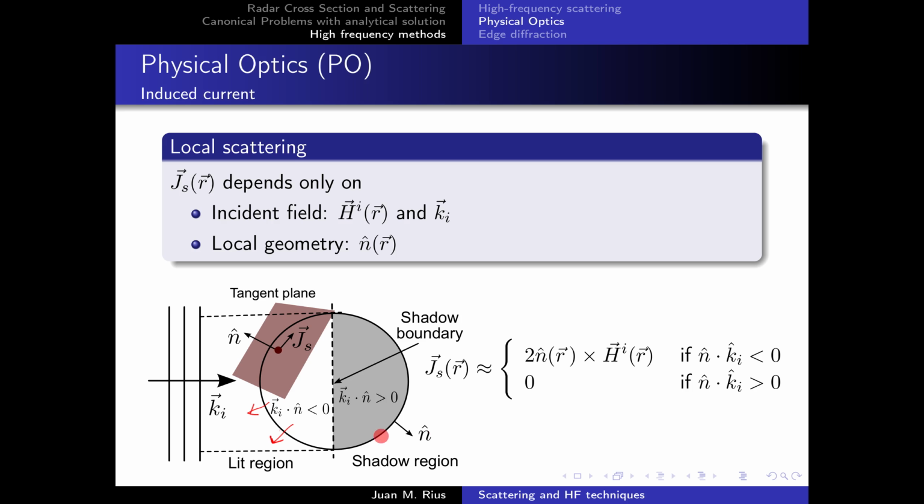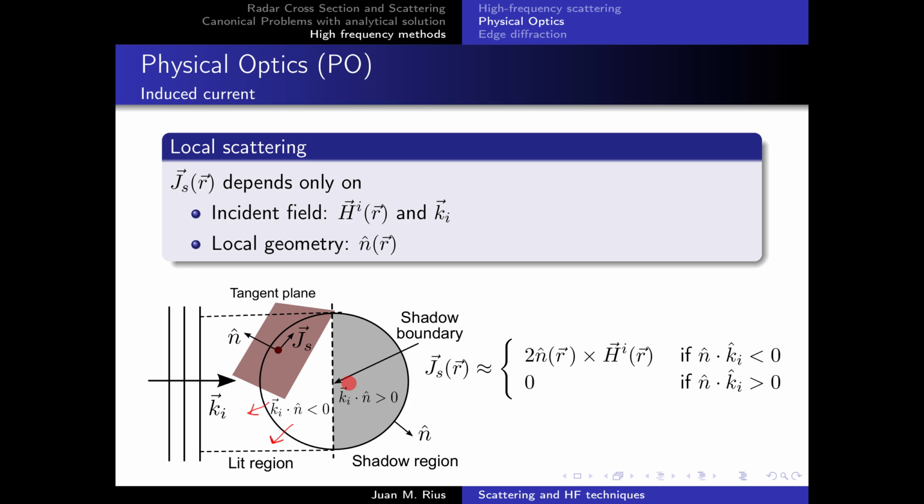The illuminated and shadow regions can be identified with this dot product. For example, for the illuminated or lit region, the dot product of the unit normal to the surface times the incidence direction is negative because they point to opposite half spaces. The incidence direction points to the right and the unit normal points to the left, or vice versa, but they point to different, opposite subspaces.